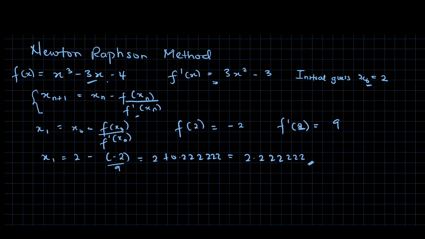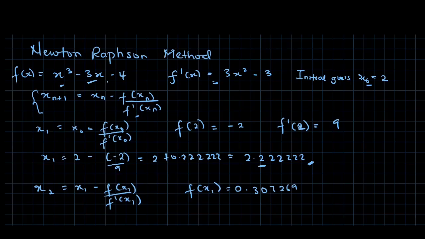Now for the second approximation, which is x2, it's going to be equal to x1 minus f of x1 over f prime of x1. So you want to find f of x1. That is basically substituted into this equation. We're going to get 0.307269, and then f prime of x1, substituted into this particular equation, is going to give you 11.814813.